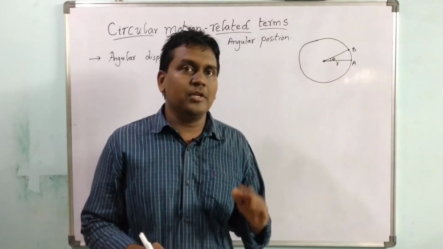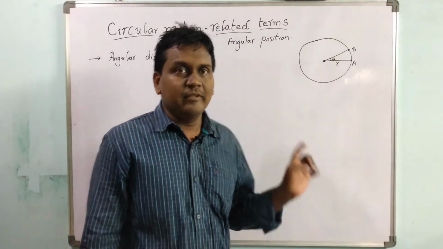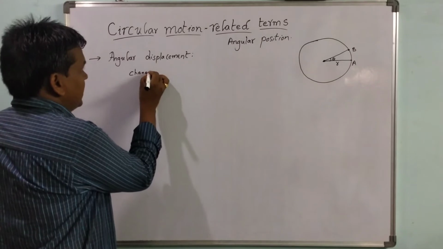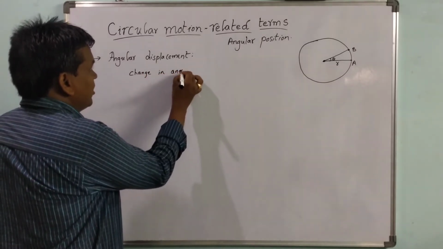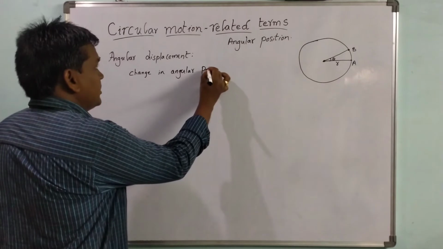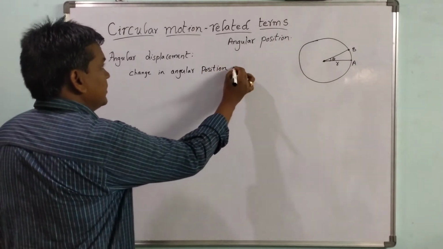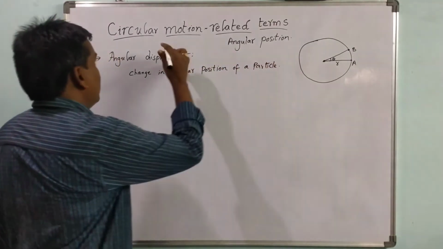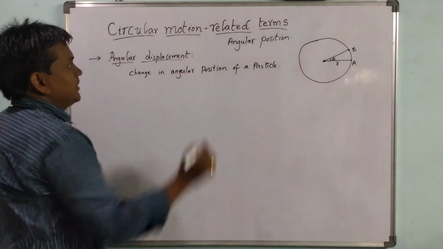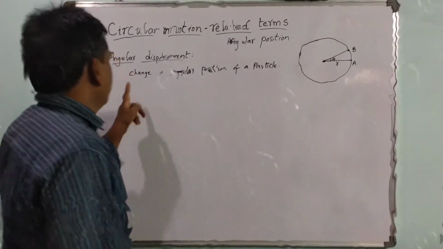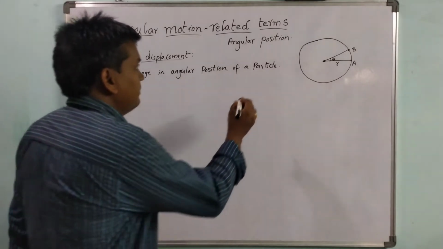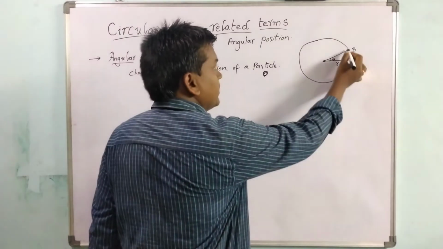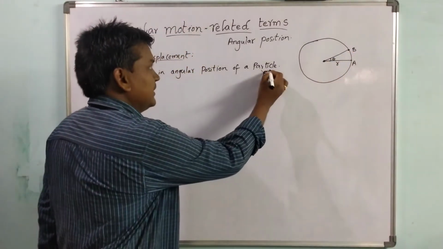If the angular position of the particle changes, then there will be angular displacement. So we can write it as change in angular position. Change in angular position of a particle is called angular displacement. While traveling from point A to point B, it is making some angle theta.